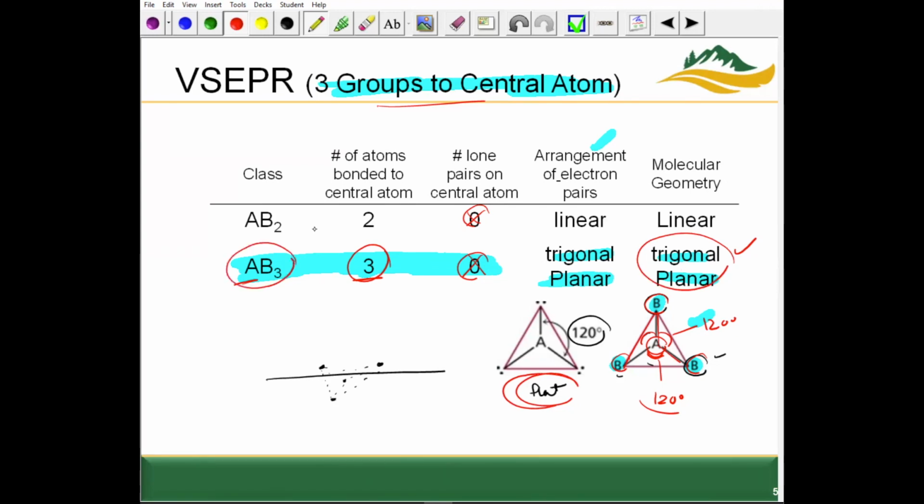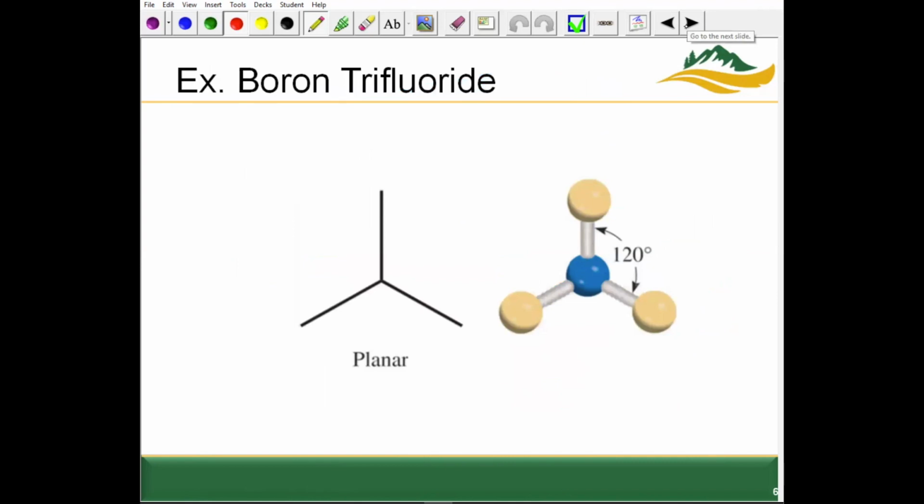Within this class AB3, one example is boron trifluoride. The prefix here, change the ending to -ide. Boron has the element symbol B, trifluoride F3. So for BF3, we would see boron here in the middle, then fluorines on the sides.